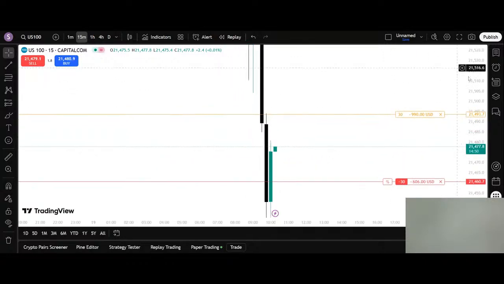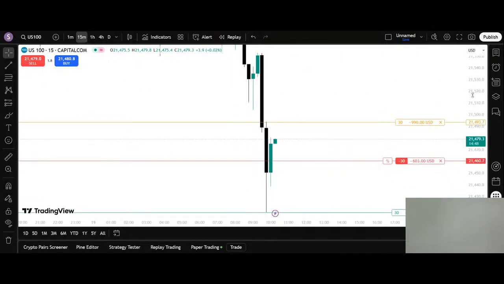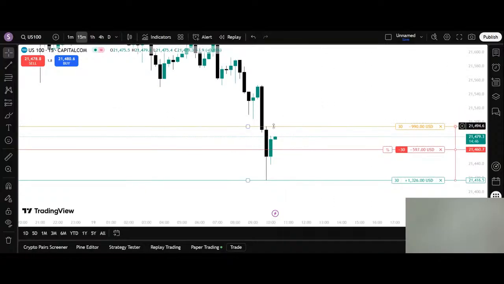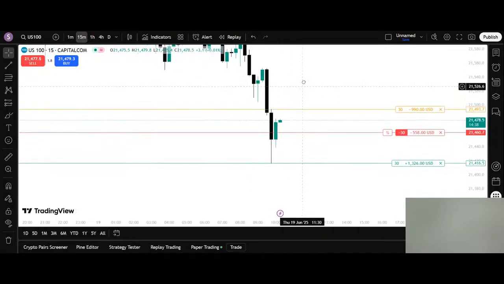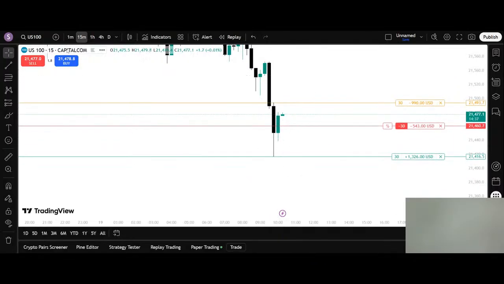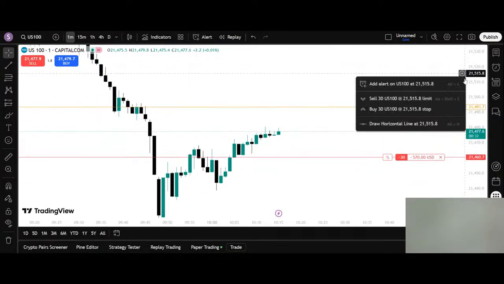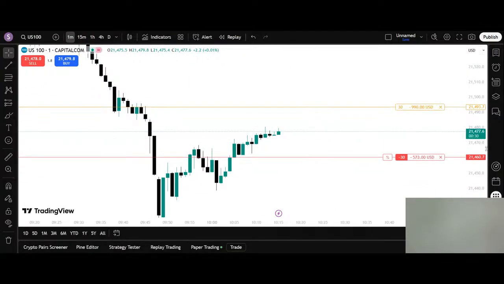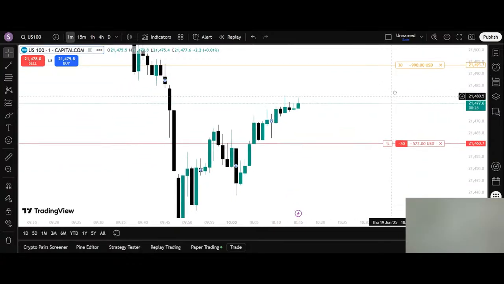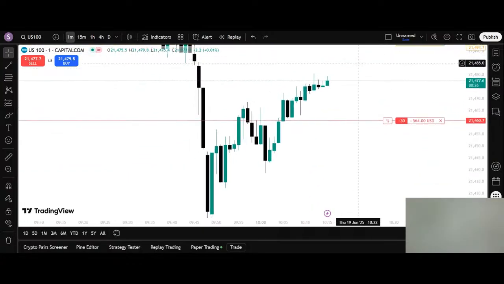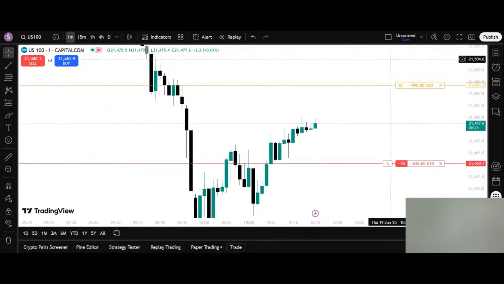To be honest, our SL can be hit. We are right, but if price wants to tap into this FVG before going down, then we're in the wrong place. I'm still gonna wait for it. Honestly, I'm not over-leveraging or anything. It's a small loss.